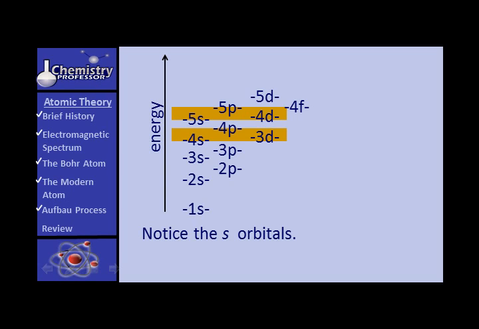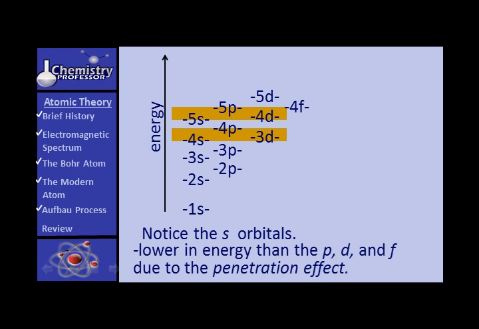The second thing I want you to notice is the s orbitals. The s orbitals are lower in energy than their corresponding p's, d's and f's, and that is due to the penetration effect. So because of the penetration effect, the s orbitals may be more stable. They may be of slightly less energy.